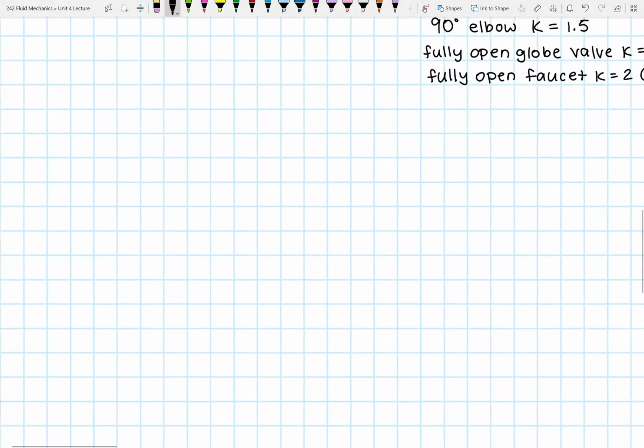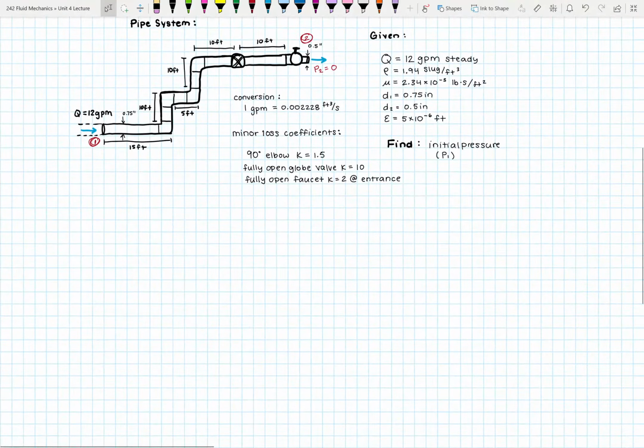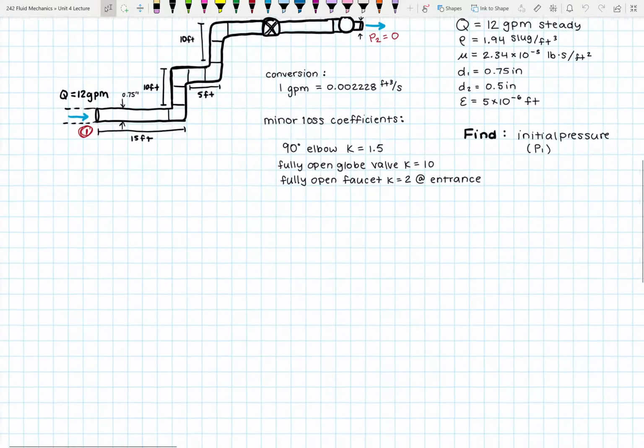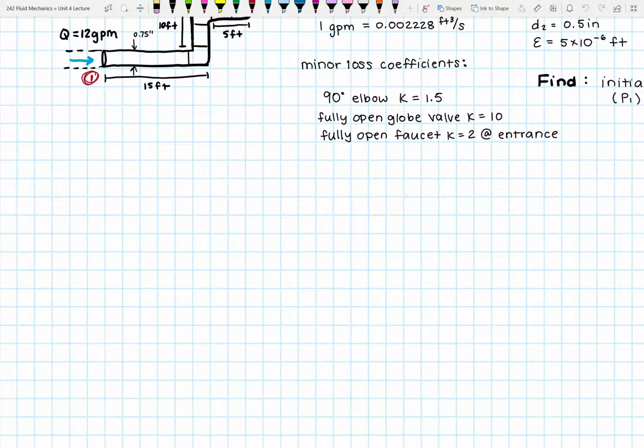So first thing that we want to do is get our units in order. You'll notice that the diameters that we were given are in inches, and we definitely would prefer that those be in feet, given the fact that all of our other information is in feet. So let's start there, because that's a pretty easy place to start.